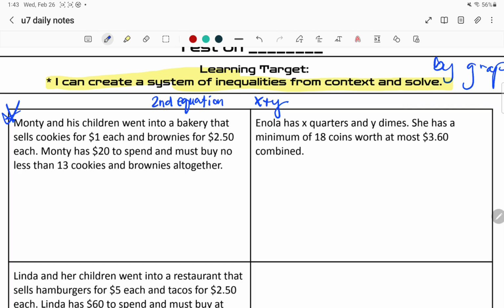Monty and his children went into a bakery that sells cookies for $1 each and brownies for $2.50 each. Monty has $20 to spend and must buy no less than 13 cookies and brownies altogether. So, my first inequality is always my three things that are alike.